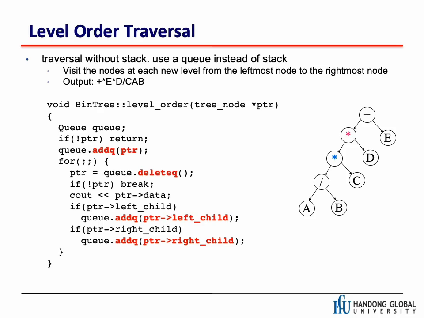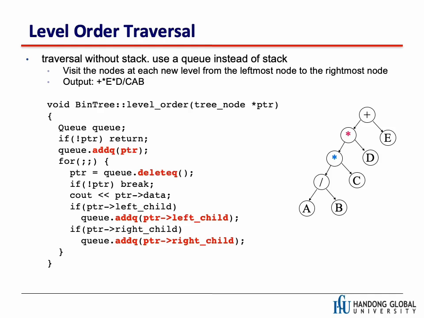Then we go into this for loop and we delete. Now PTR is pointing to plus, and PTR is not null, so we print out plus. If it has a left child, we add the left child to the queue, and if it has a right child, we add the right child to the queue too. In the first iteration, we print out plus and we add star and we add E. Then we go back to the top of the for loop, and when we delete, it will be the pointer to the star.